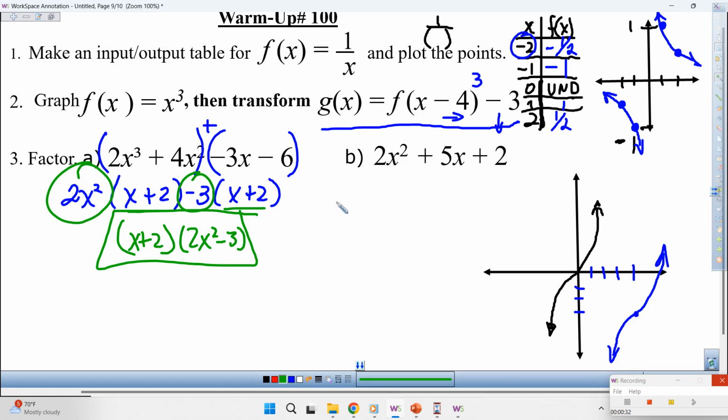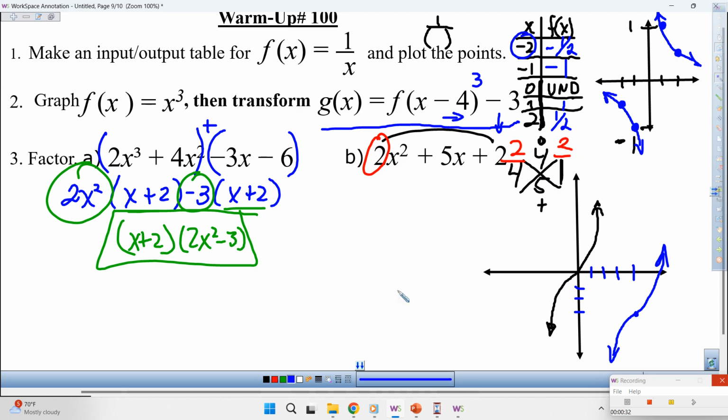All right? This one. 5. What factors of 4 add up to 5? 4 and what? 4 and 1. All right. However, we have a leading coefficient of 2.